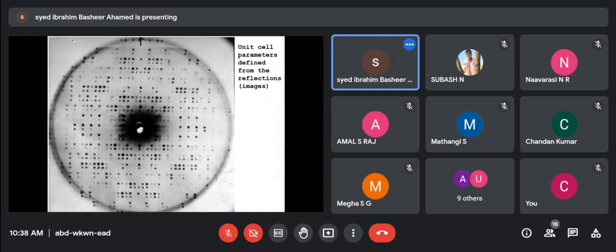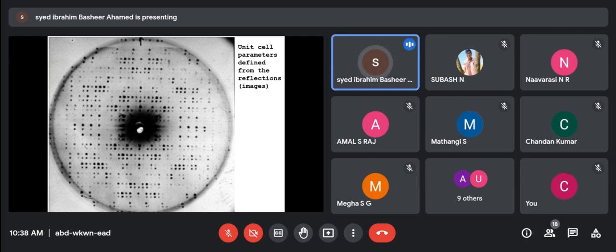Here I have shown you an example image from diffraction. You have the crystal and you put it into the X-ray beam. Once the crystal is diffracting, you will get spots just like this, here and there.